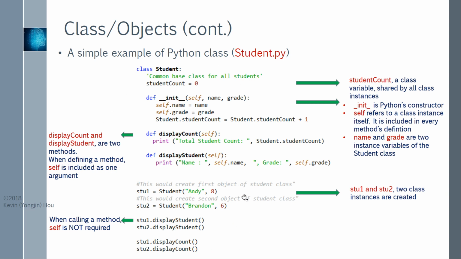Basically, that's what the code does. This just gives you an example of what a Python class looks like. Now we can go to Spyder and run the code and see the behavior of this particular class and the usage of its instances.